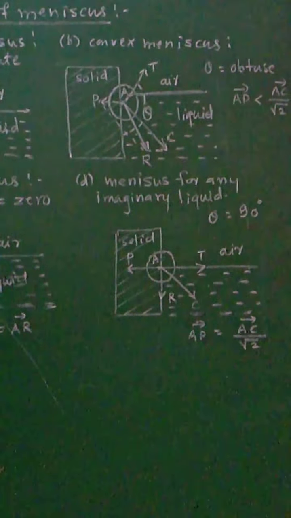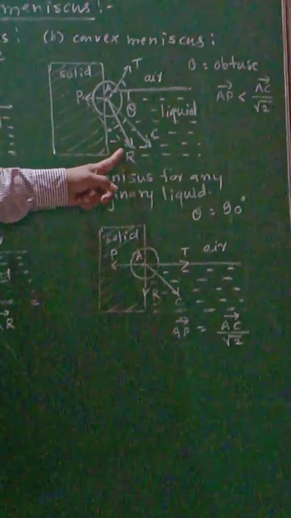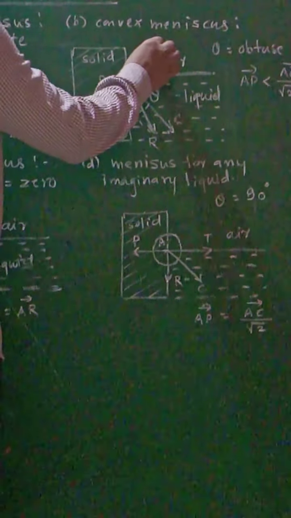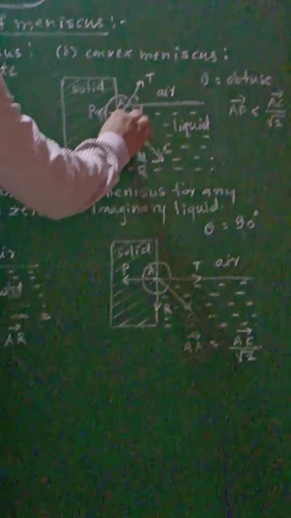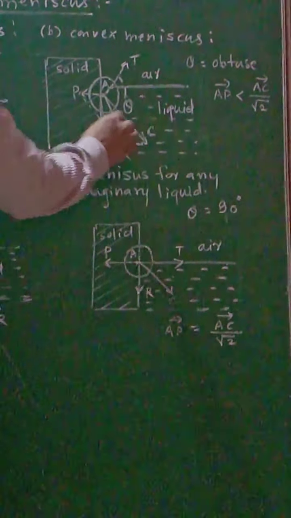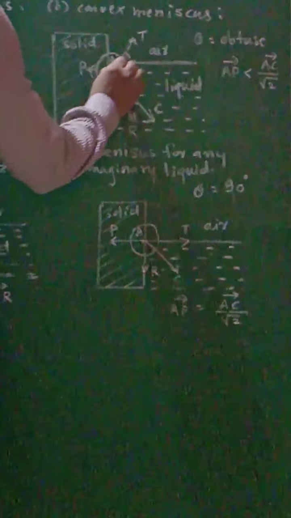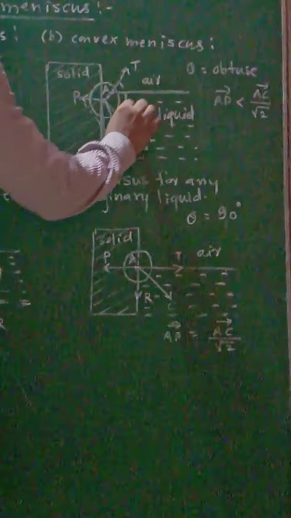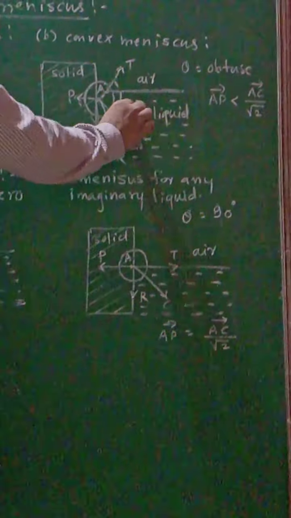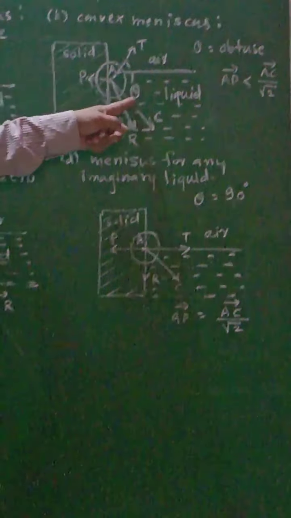In this case, the angle between the solid surface and the tangent drawn to the liquid surface at the point of contact, that is AT, this total angle will be equal to theta. It is greater than 90 degrees.